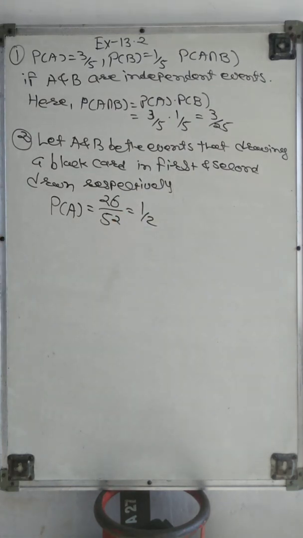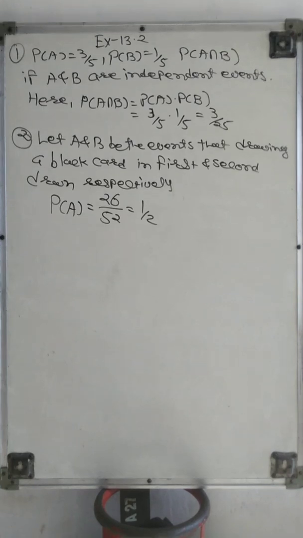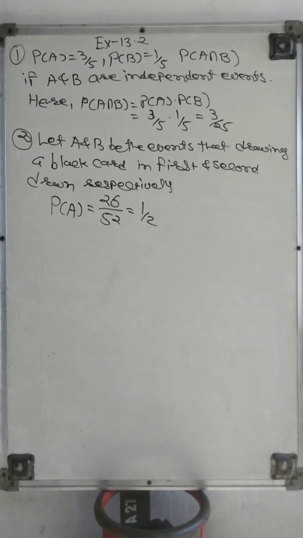So in the first draw we select the first black card from the 26 black cards, and from the total pack of 52 cards.